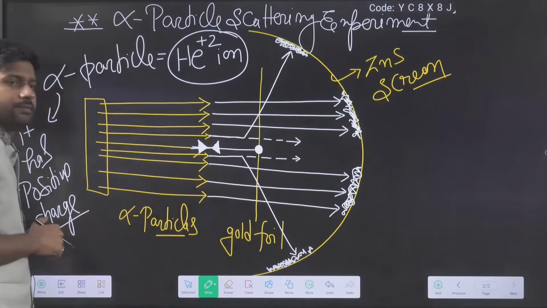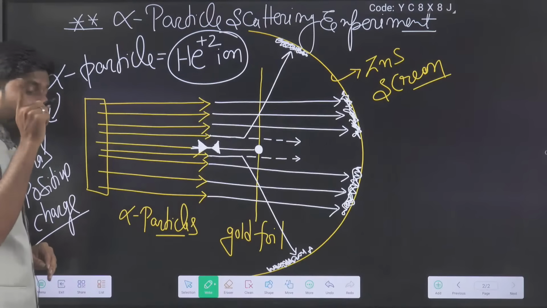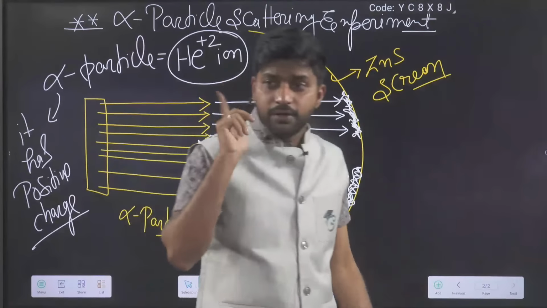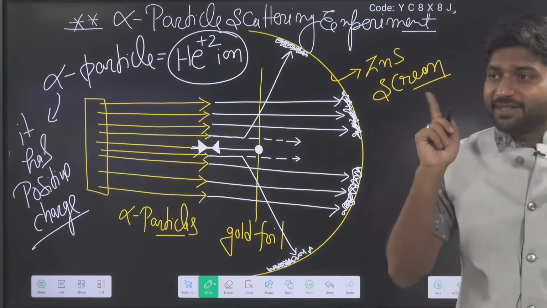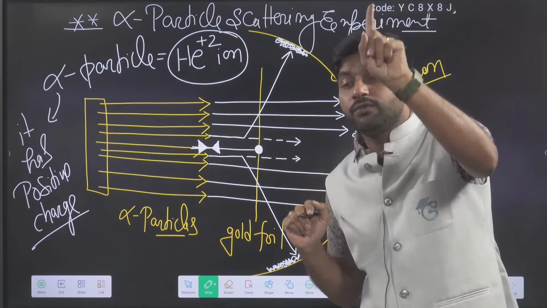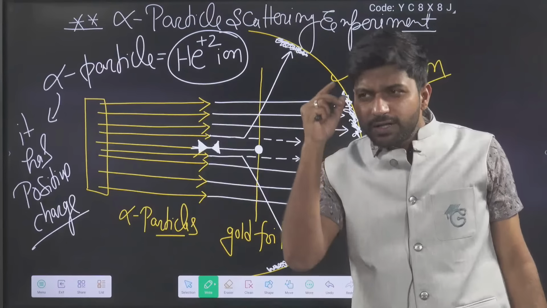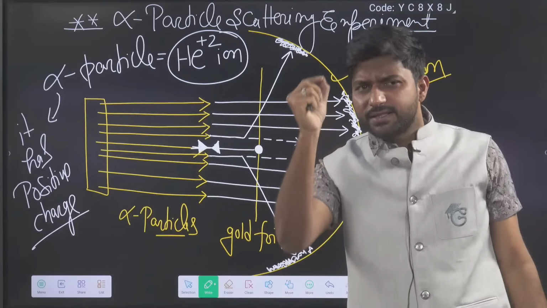After that, he said one more very, very important thing. Whichever one took a U-turn, that is more interesting. Out of 10,000 or 20,000, only one came back. So what is the sense behind this?